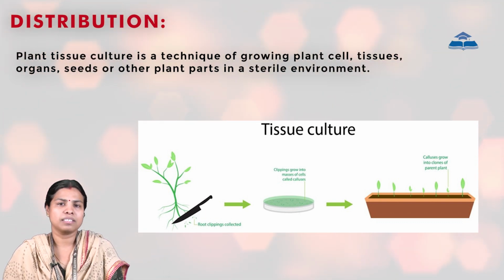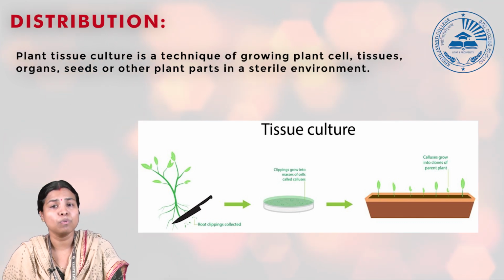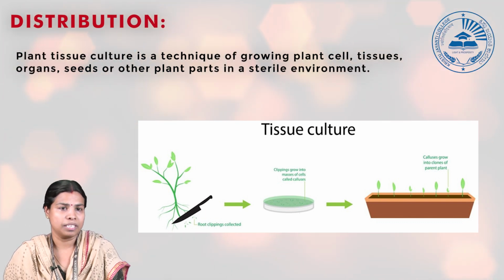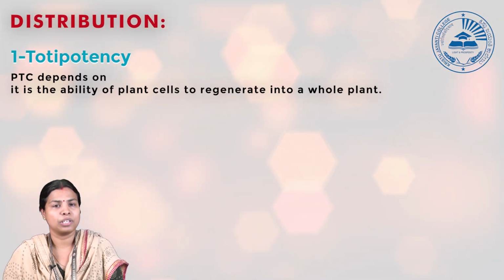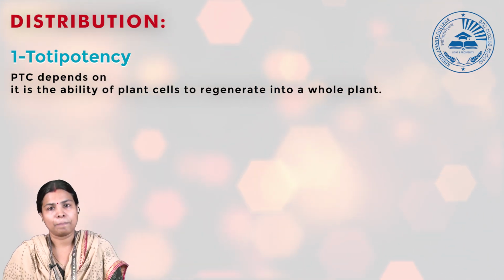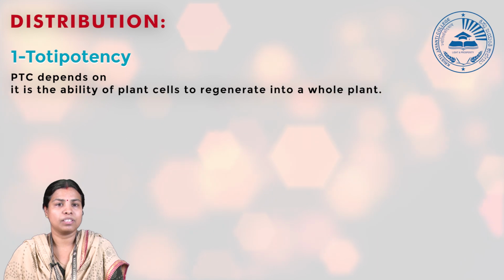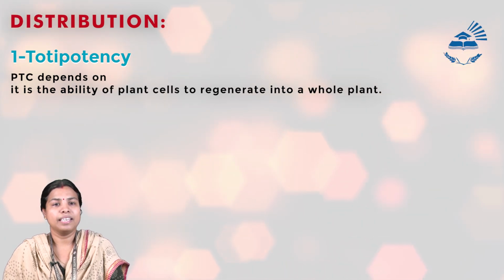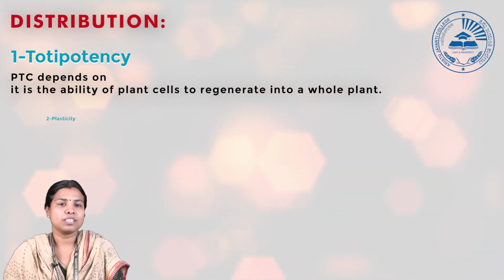So the plant tissue culture technique mainly depends on two principles. One is totipotency. It is the nature of the plant, or you can say the ability of the plant cell, to regenerate into a whole plant. Without that principle, we cannot initiate plant tissue culture. The next one is plasticity.